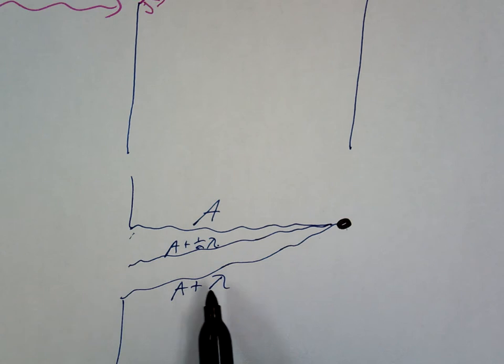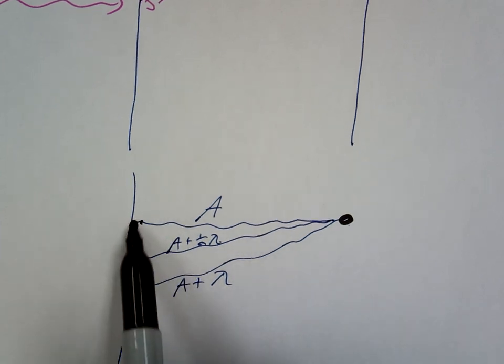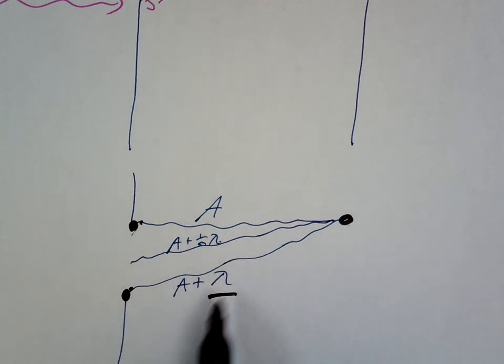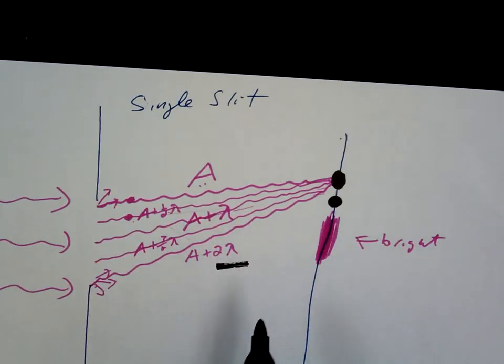Good. So when we talk about path differences with single slits, we're talking about the very first beam with the very last one. What's the path difference ultimately with this one? Lambda. What was the path difference with this one? 2 lambda. If I did another one, it's going to be 3 lambda, and so forth.